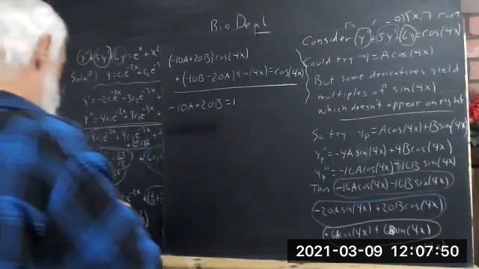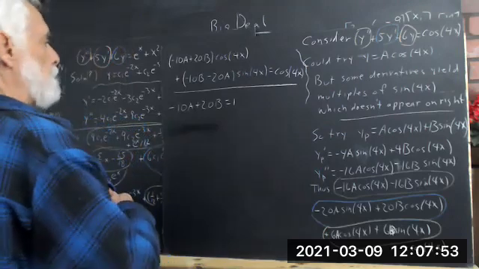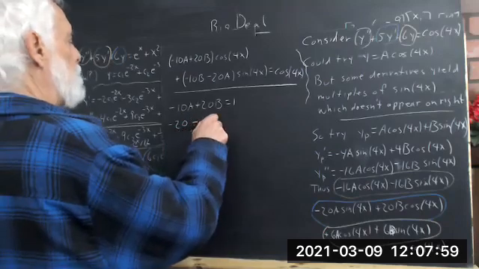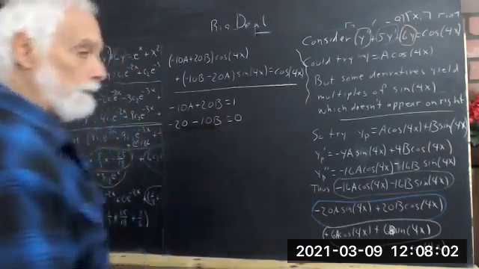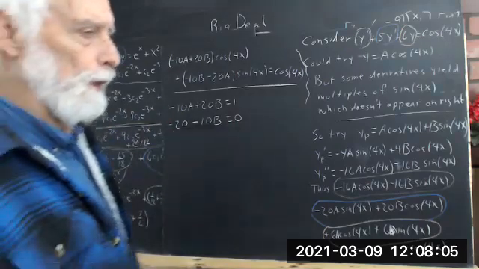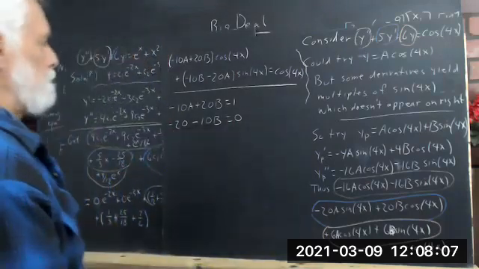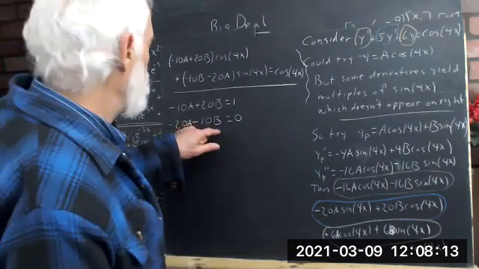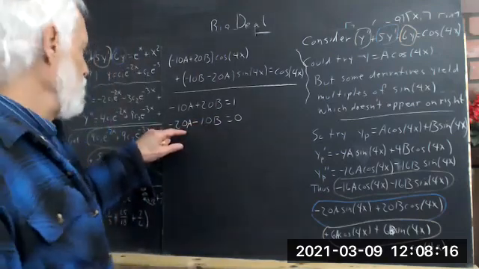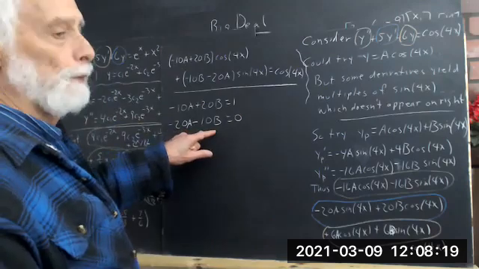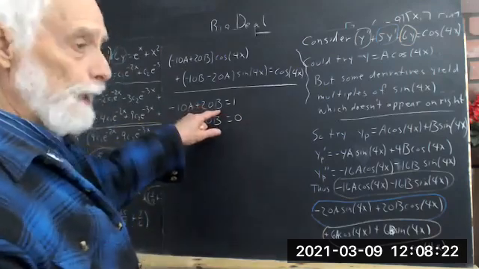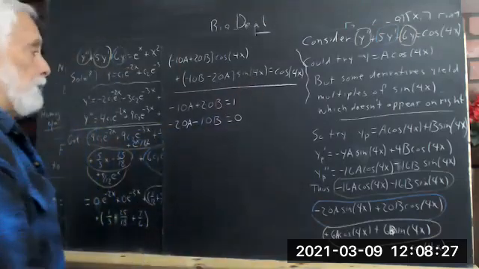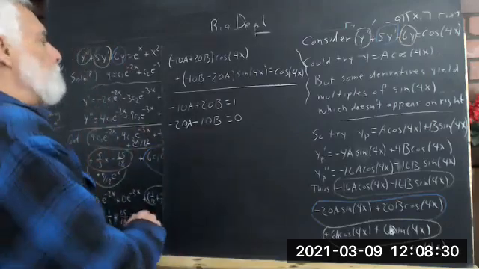So we get negative 20a minus 10b equals 0. And that's a set of simultaneous equations that we can solve really easily. We can solve this one for b. We get b equals negative 2a. So we replace this by negative 2a. We get negative 12a equals 1. So a is negative 1/12. That's easy if I said that right, and if it's correct.